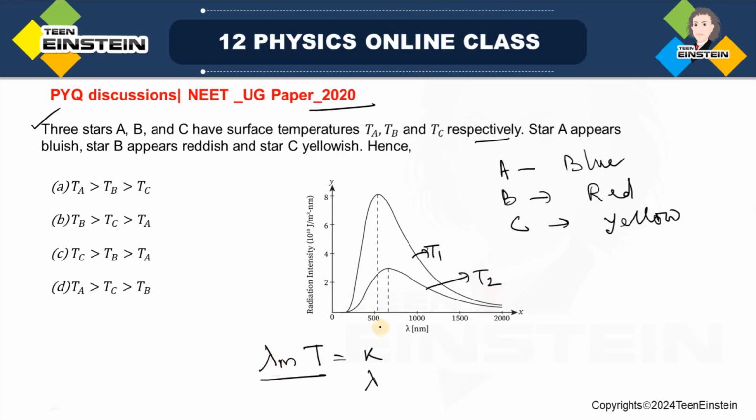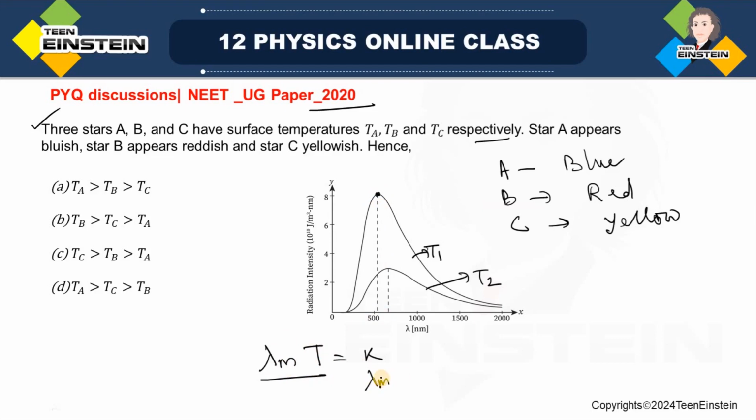What is lambda m? Lambda m is the wavelength corresponding to the highest value of the intensity of the radiation at this particular temperature. At that particular temperature, if you get the peak, the corresponding wavelength is the lambda m, and into T, that is constant.